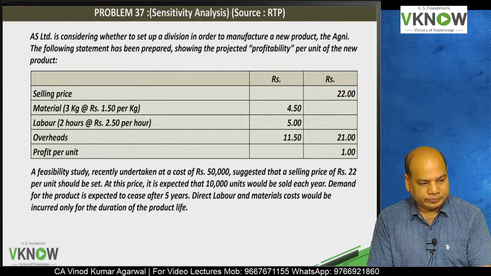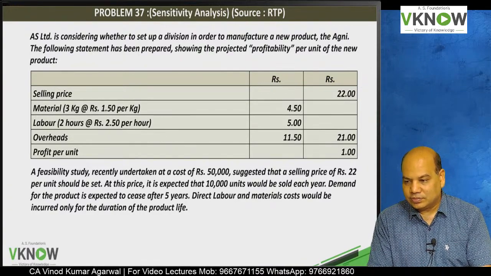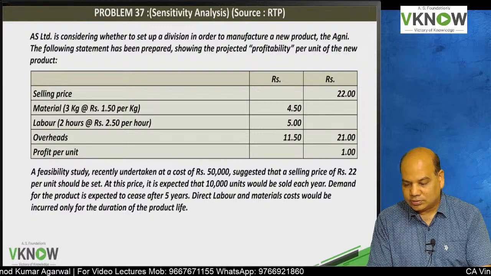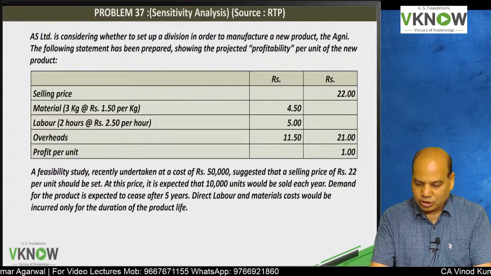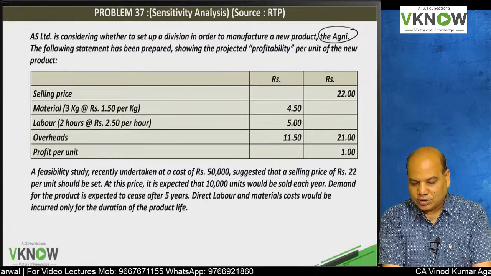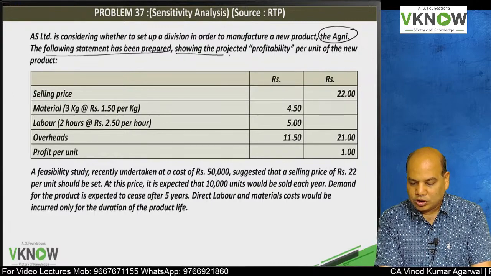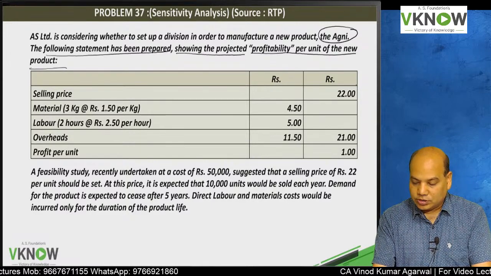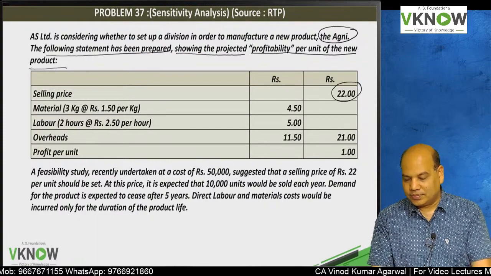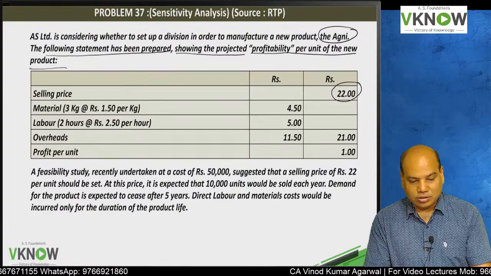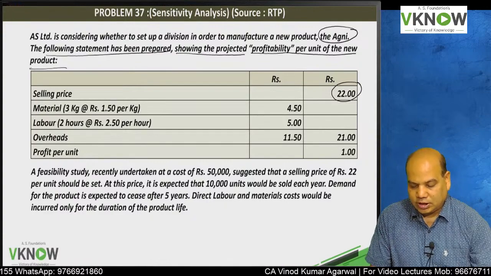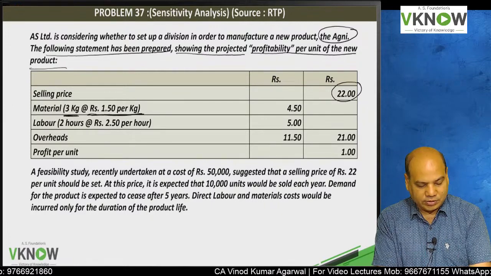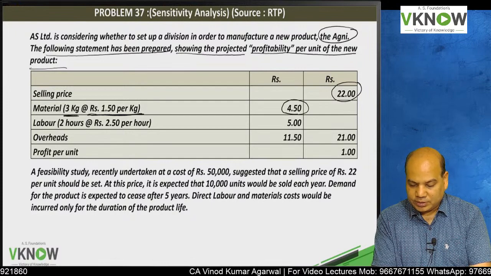Question is like this. AS Limited is considering whether to set up a division in order to manufacture a new product, the Agni. The following statement has been prepared showing the projected profitability per unit of the new product. Selling price is 22, material cost is 3 kg at the rate 1.50 per kg, which is 4.50.